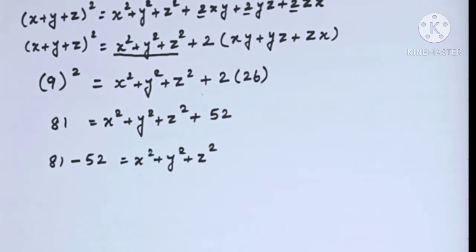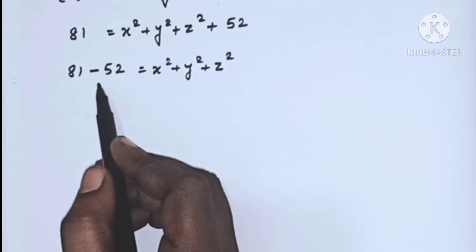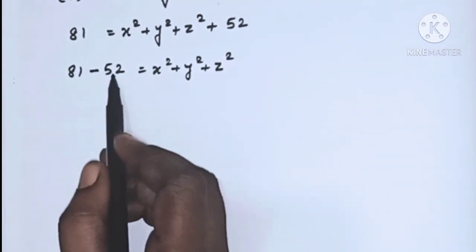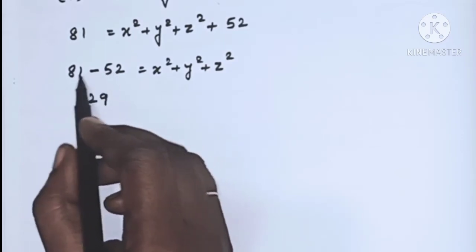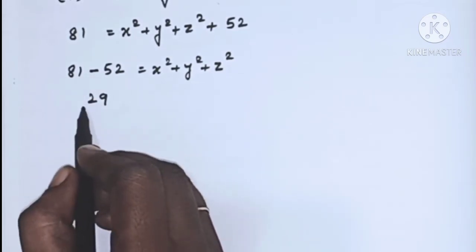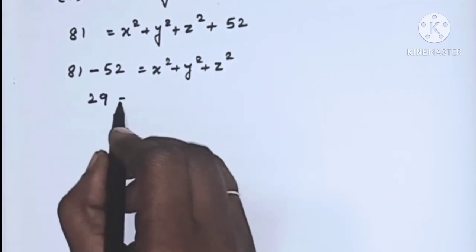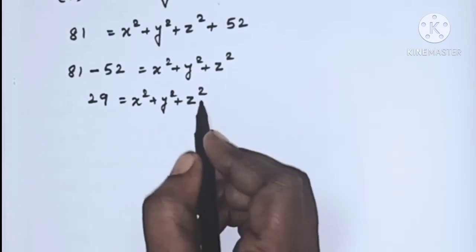Now subtracting these two numbers, we will get 29. 81 minus 52 is 29. The sign of the larger number, 81, is plus here. So, plus 29 is equal to x square plus y square plus z square.